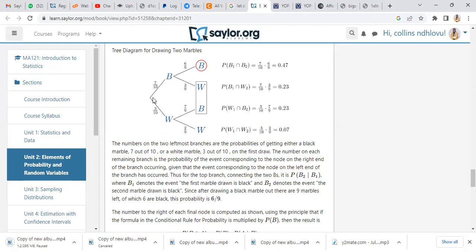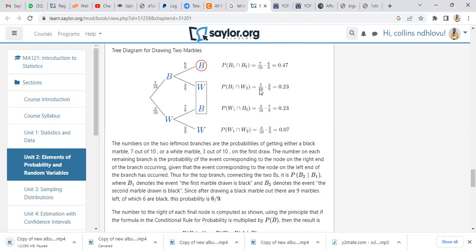But if we're getting black and white, so we start with black and white. So this will be 7 out of 10 times, if the second one is white, we're going to have 3 out of 10, because when we picked one black one, we had a chance of 7 out of 10.